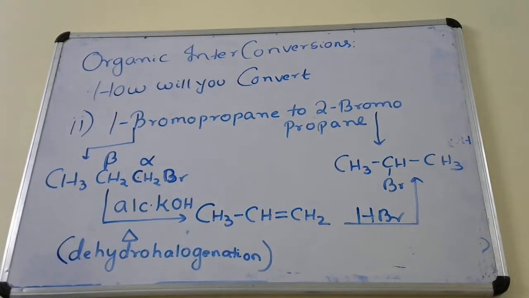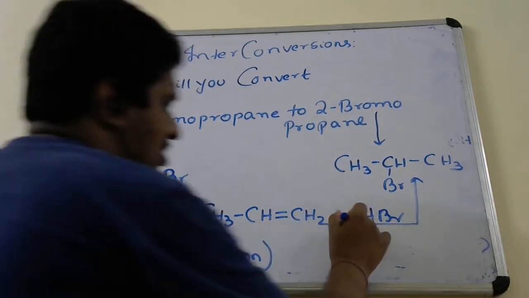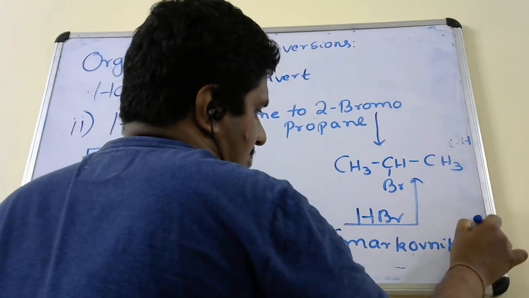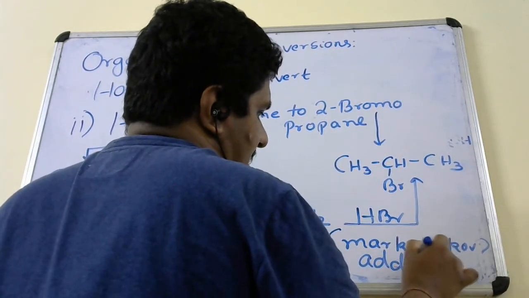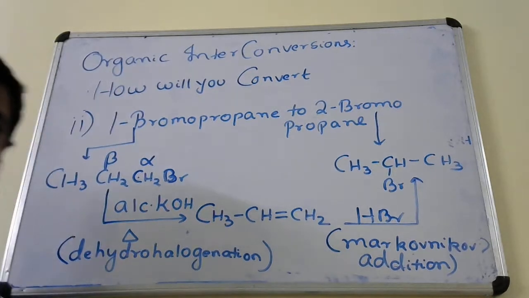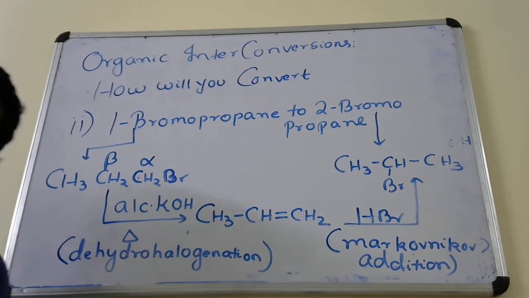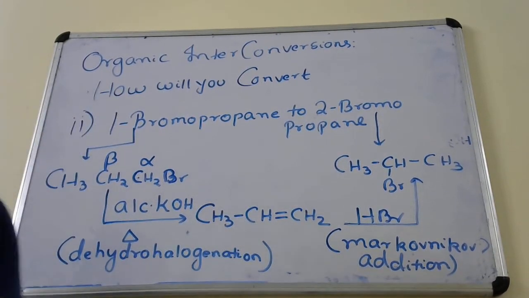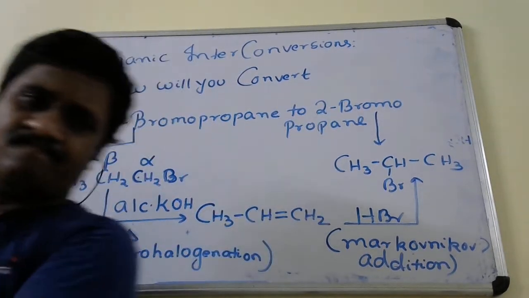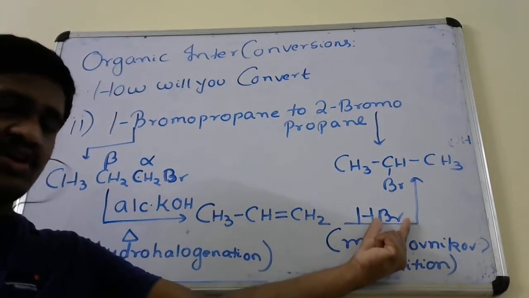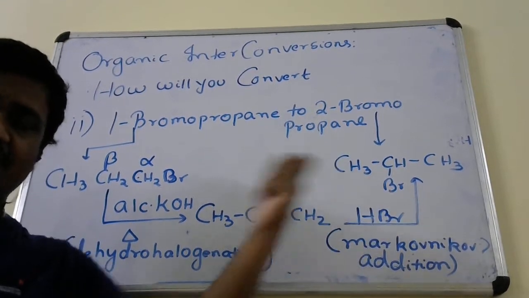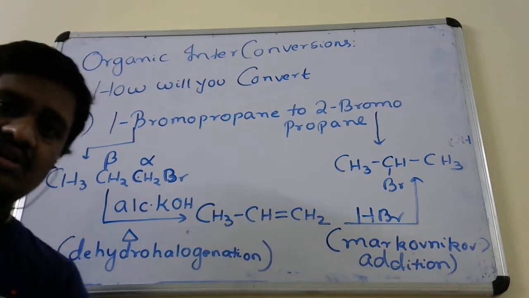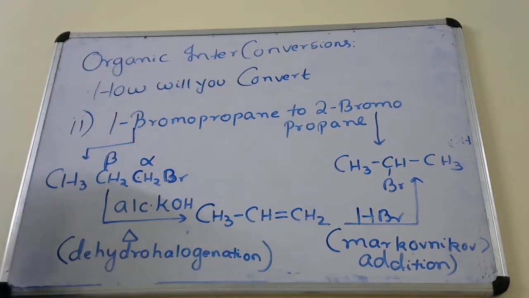Okay, and you know when we give HBr directly, that is Markovnikov addition. What is Markovnikov addition? To any double bond, if you add a halogen acid, HBr, HCl, HI, the halogen part will be introduced in that carbon which has lesser number of hydrogen.